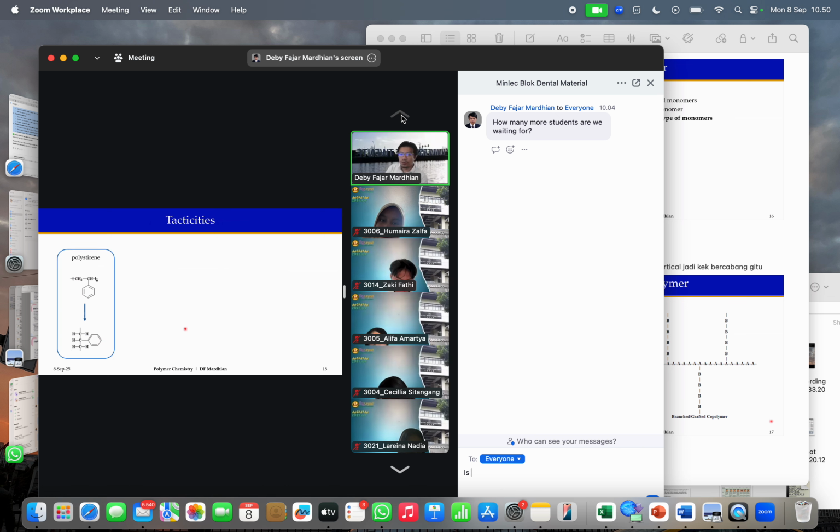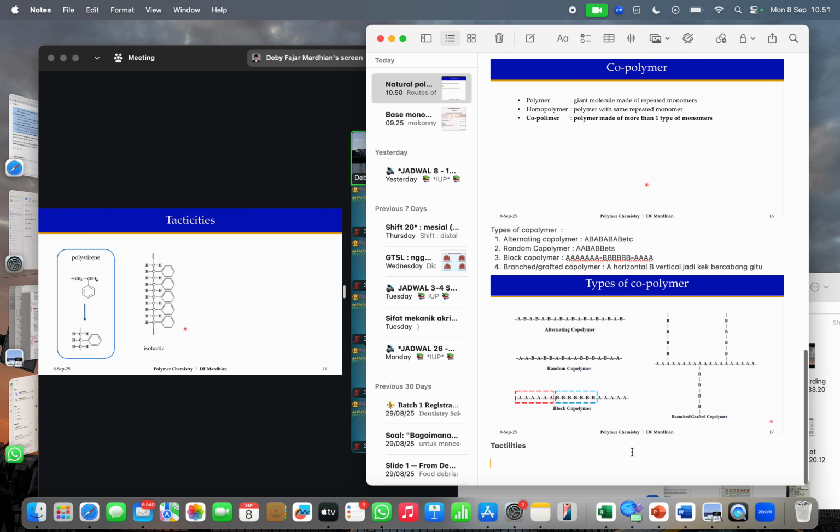So when the benzene rings are all on the same side, it's called isotactic. Iso means same, isotactic. So they're all on the same side.